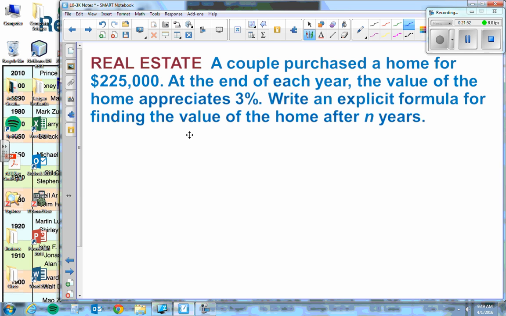Not 3, not 3%, but 103%. It's increasing by 3%, but if you multiply by 0.03, you get a decreasing sequence. That is wrong. So the formula that generates this sequence is 225,000 for the initial value times 1.03 to the power of n minus 1, because it's growing at 3%. So you multiply by 1.03 to get the new value, and there you go.